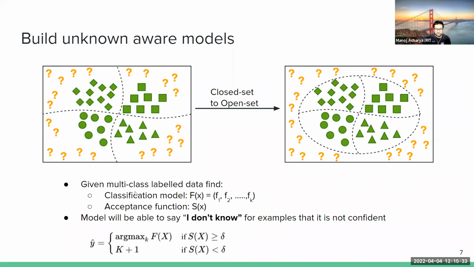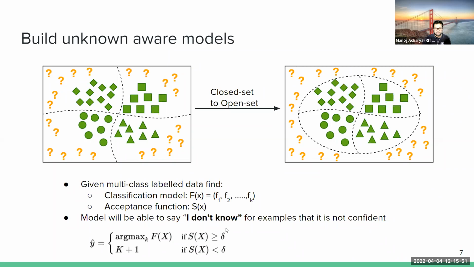If you're taking a multi-class classifier, your classification model f(x) produces logits for classes 1 to K, and you define an acceptance function for each of the examples.